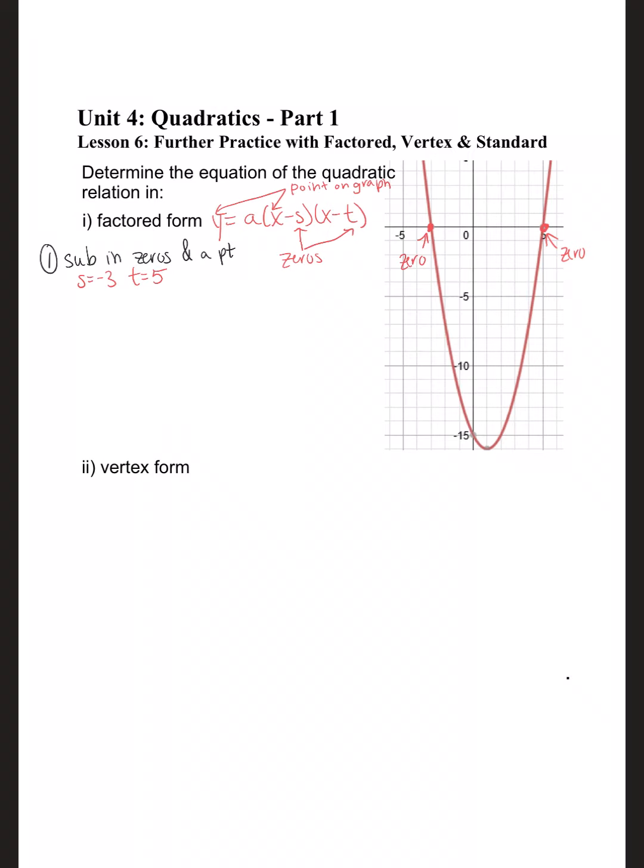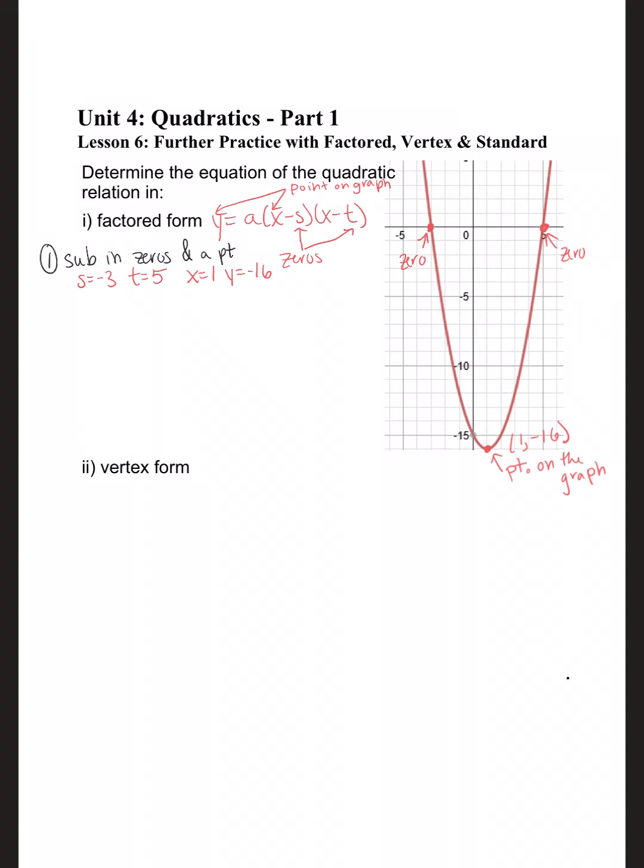If we look, we have our vertex, we also have our y-intercept. Let's just use our vertex. We'll say that this is a point on the graph, and it is at (1, -16). So we have x equal to 1 at that point and y equal to -16.